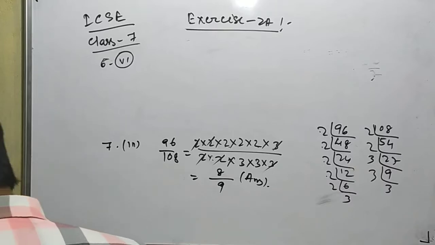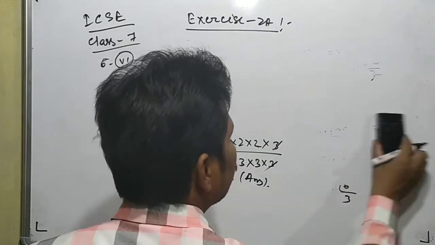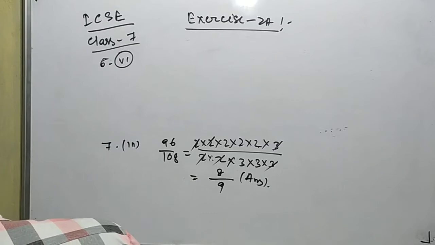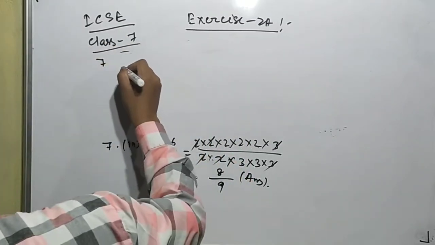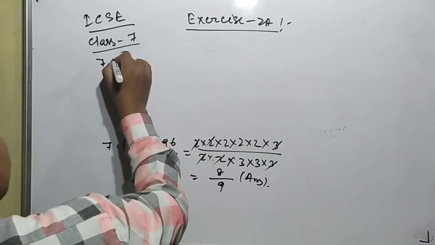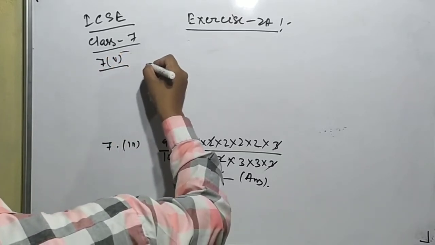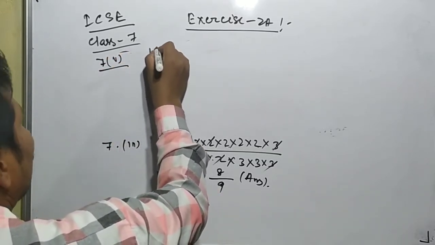148 by 259. Suppose our question is number 7, bit 5. What is the question? 148 by 259.